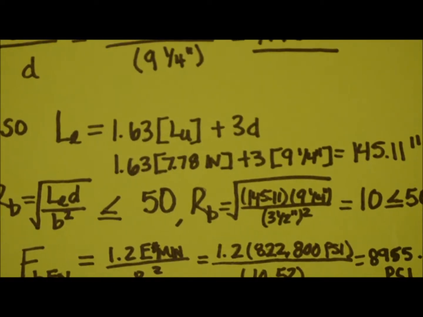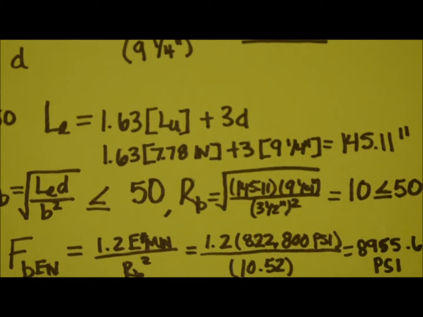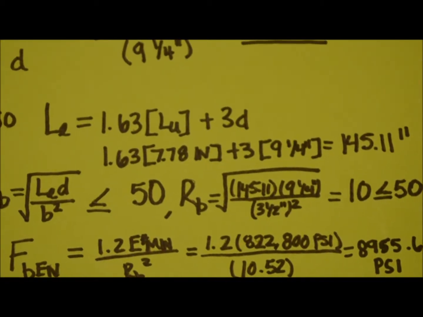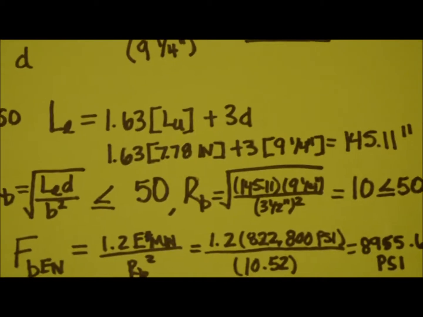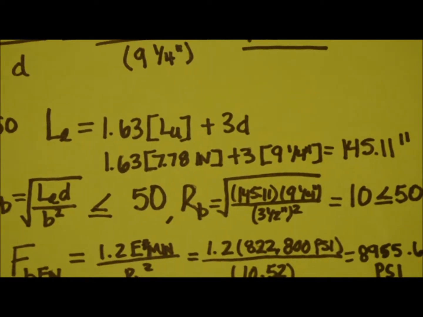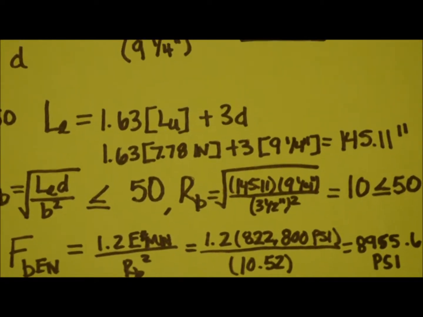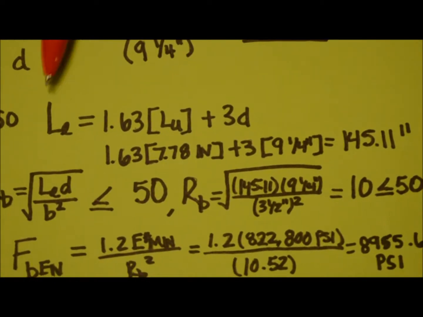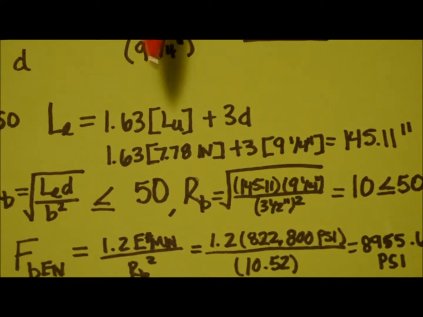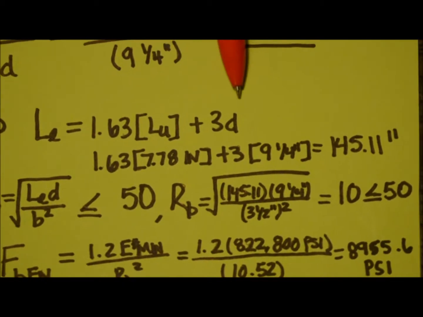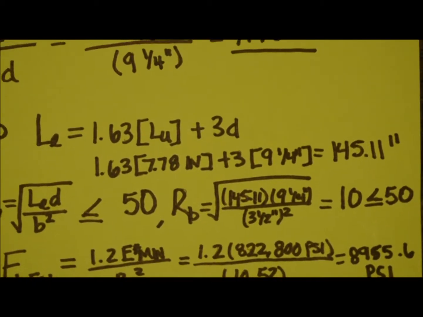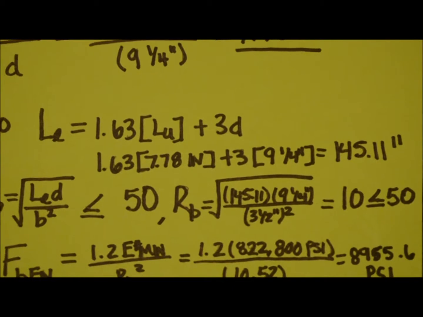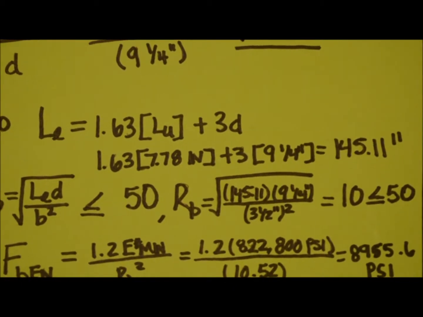Using page 128, equation 7.10, we see that our value is in between the design values of 7 and 14.3. So our formula for Le, our effective unbraced length, is 1.63 Lu plus 3d. That value was given to us is 145.11 inches.